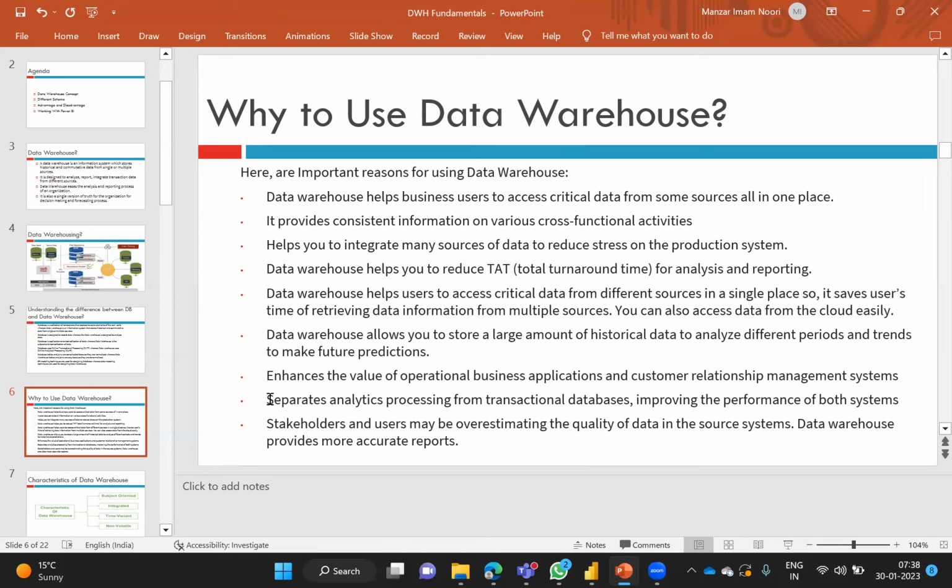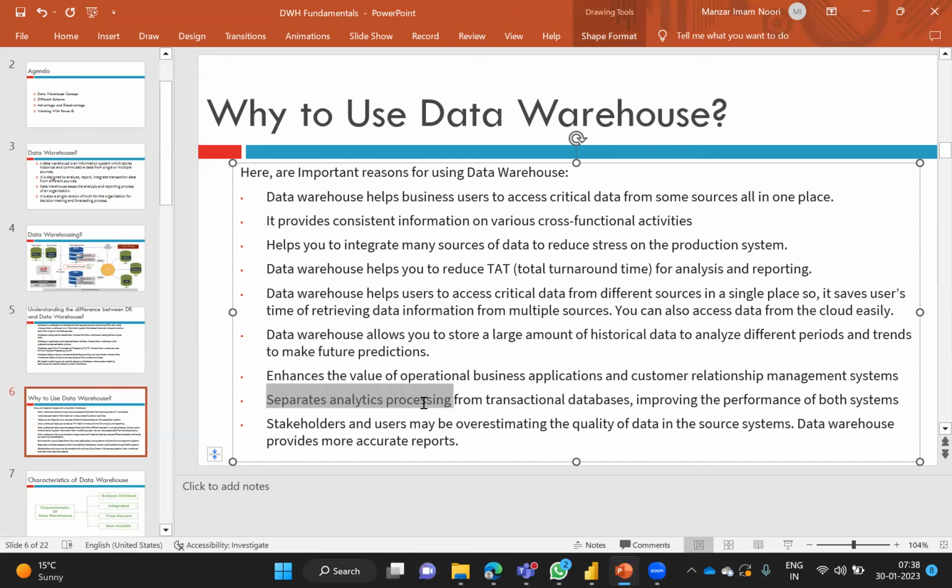Fine. There is something like, okay, separate analytics processing from transactional databases. Transactional databases are where transactions are happening every day. And for the analysis purpose, we have a different system, right?